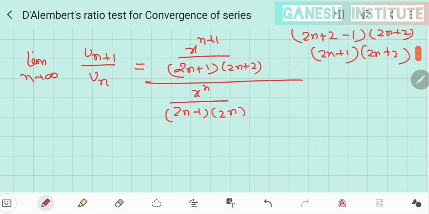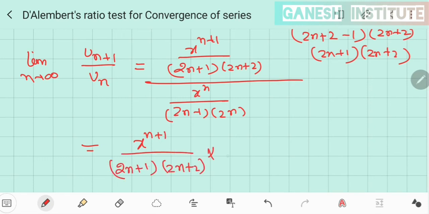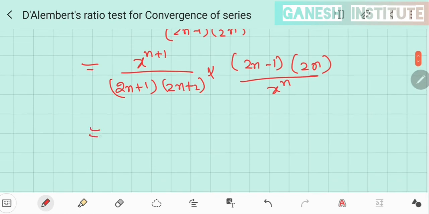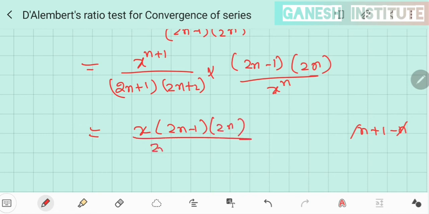If you take this in reversal form, x raised to power n plus 1 times 2n minus 1, 2n comes up over 2n plus 1, 2n plus 2. Same base in division, powers get subtracted, so n plus 1 minus n leaves only x. Now you have 2n minus 1, 2n, over 2n plus 1, 2n plus 2.